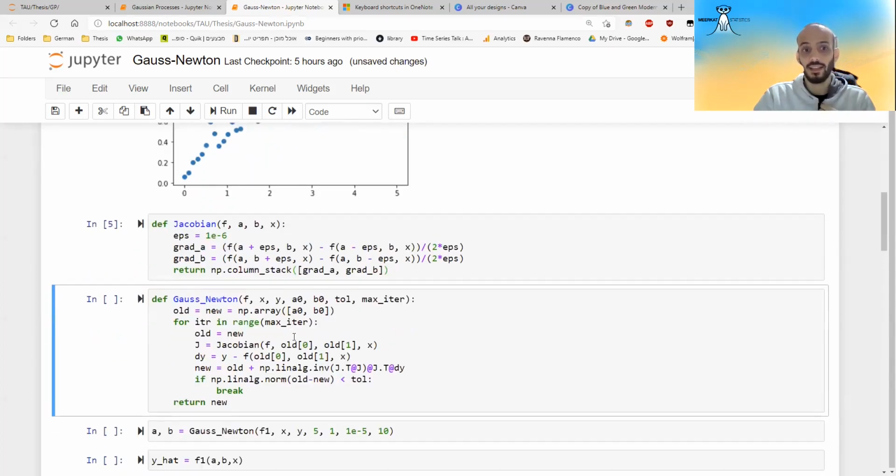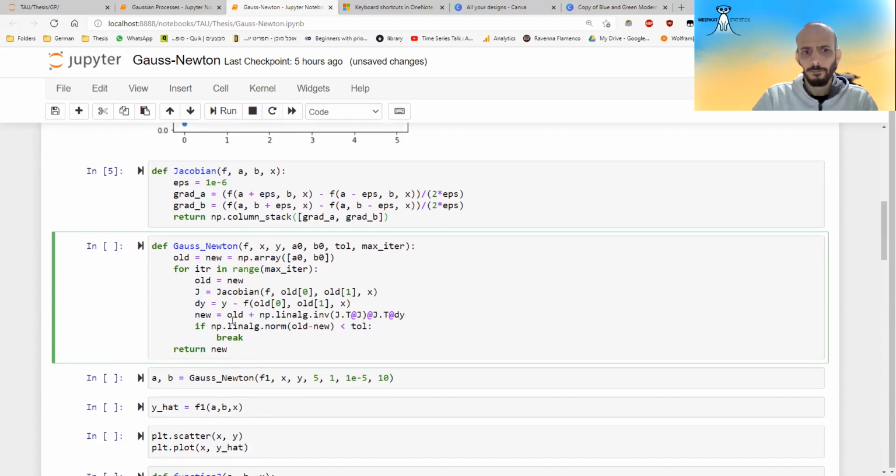Okay, and here I do the Gauss-Newton, and I'm starting from some value that I'm giving to it, and then I'm calculating the Jacobian, I'm calculating the dy's, and then I'm just doing exactly the formula that I've seen before. So J transpose J invert times J transpose and the new y's, yeah, the dy's.